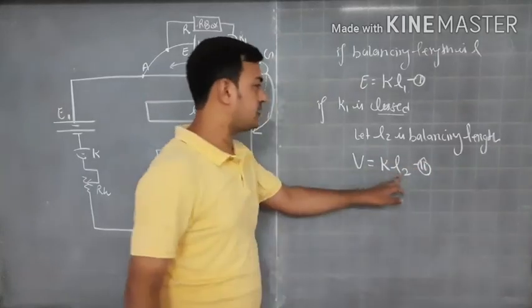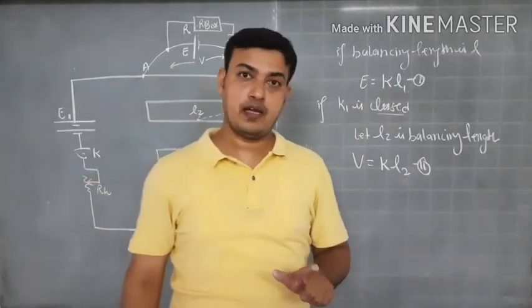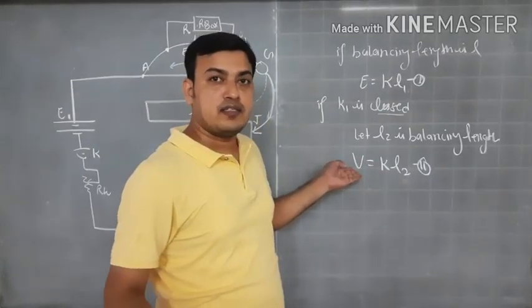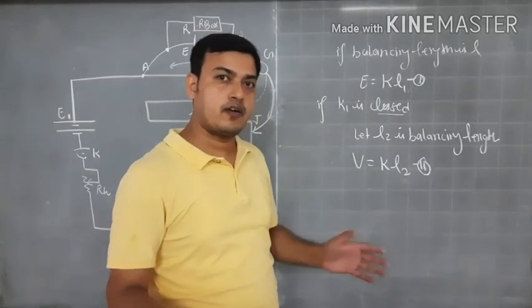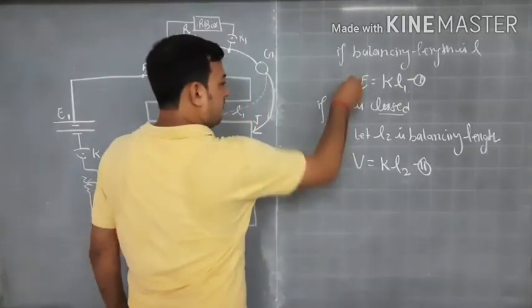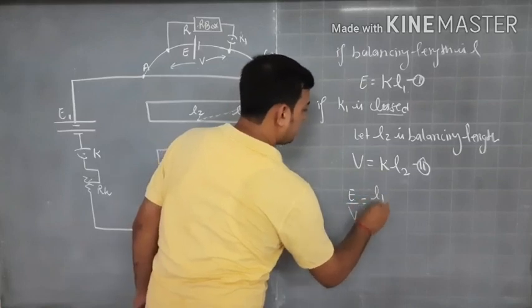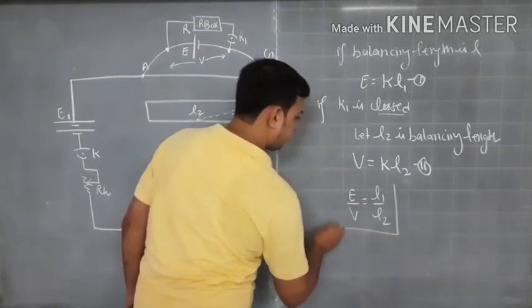Remember that this L2 must be less than L1, because in this case it is not the EMF working, it is the terminal potential difference across the cell. So I divide these two and I get E by V as L1 by L2.